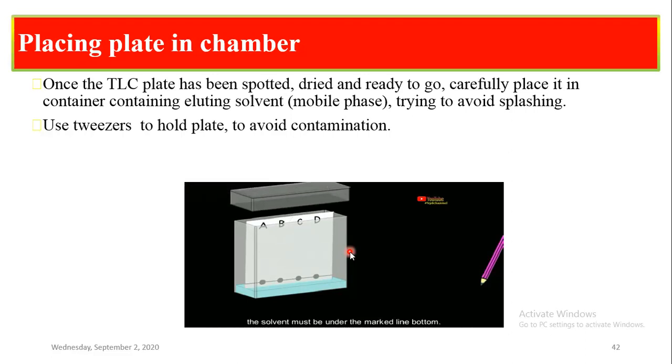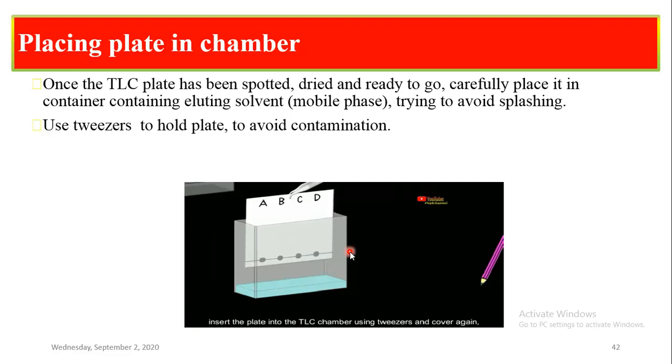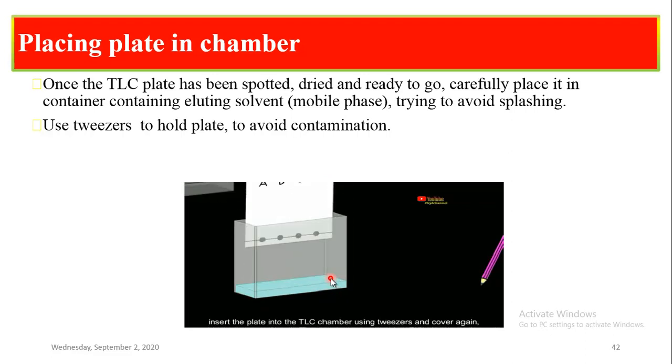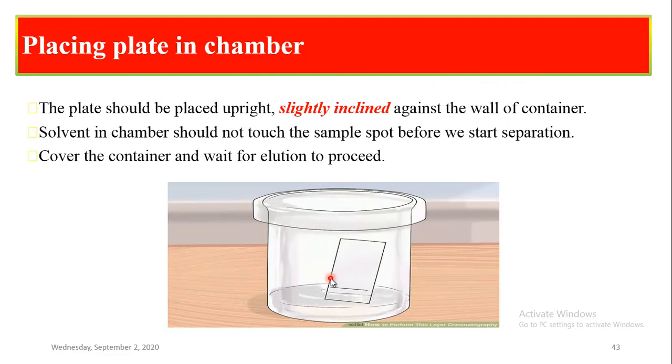So it is best to use some kind of tweezer to hold the plate. The solvent is already in the chamber, and the plate should be placed upright, slightly inclined against the wall of the container. The solvent in the chamber should not touch the sample, so cover the container and wait for the elution to proceed.